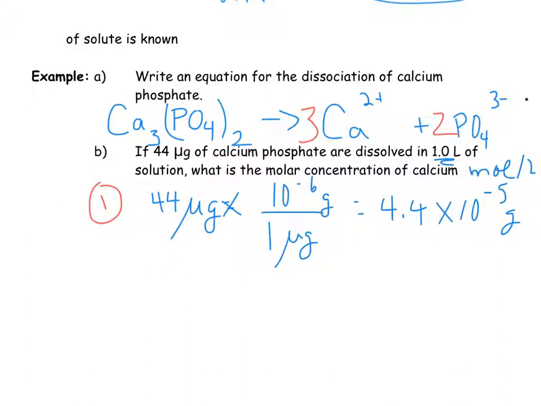So now that I have that correctly converted to the right unit, I'm going to calculate my moles of calcium phosphate. So my number of moles is equal to my mass divided by my molar mass. So I'm going to cheat, and I'm going to look up the molar mass of calcium phosphate. Mine might differ slightly from yours, but that's okay.